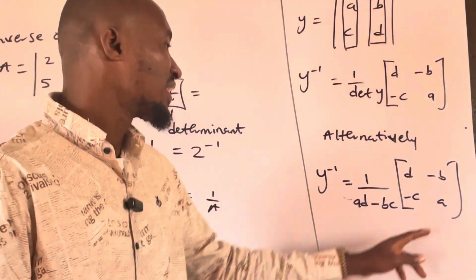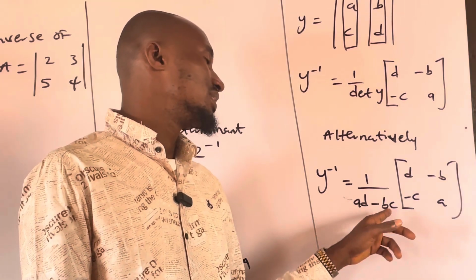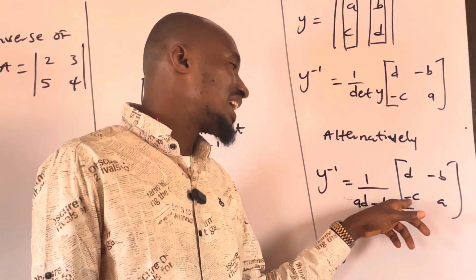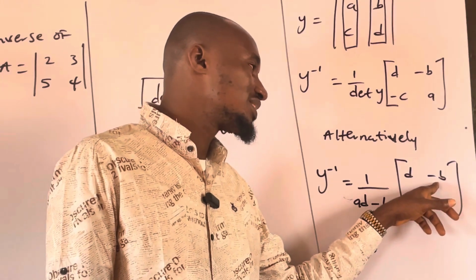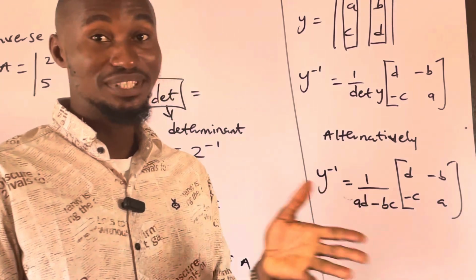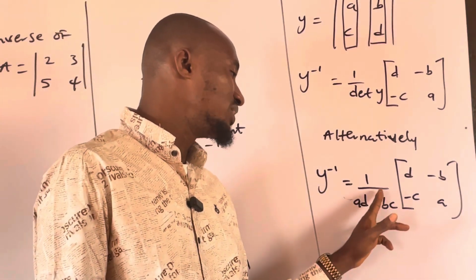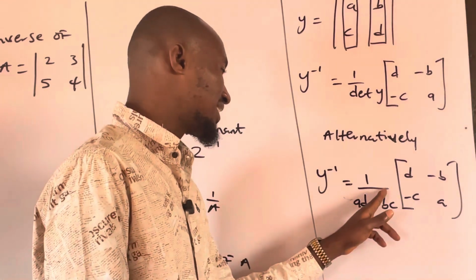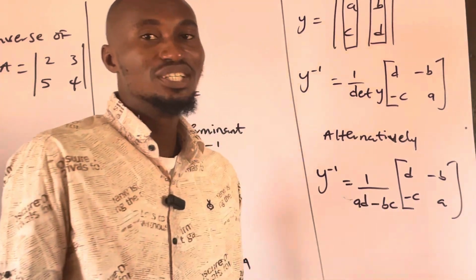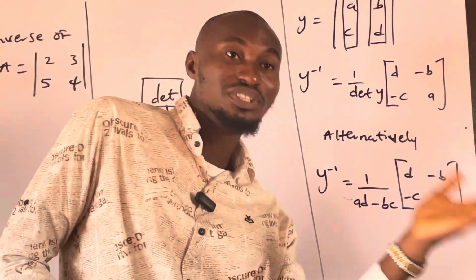Look at it now. A times D will give us AD minus, if you observe, minus C times minus B will give you plus CB or BC. But this minus now, if this BC should be put in a bracket, minus will also open the bracket.